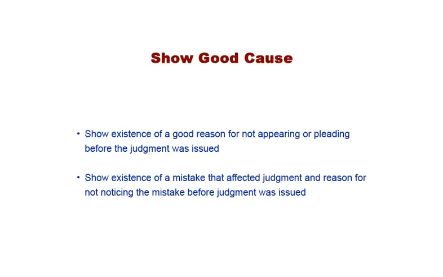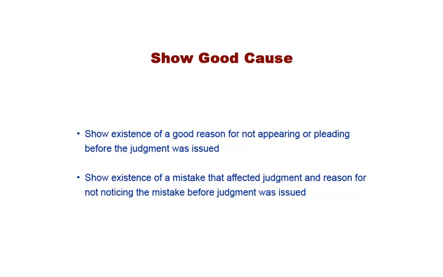Show good cause. Good cause means giving a strong reason why something did or did not happen, or why something was or was not done. The party filing the motion to open must show good cause or give a strong reason why he or she did not appear or was prevented from responding to the suit prior to the default judgment, or give a strong reason why he or she did not notice a mistake before the judgment was issued.